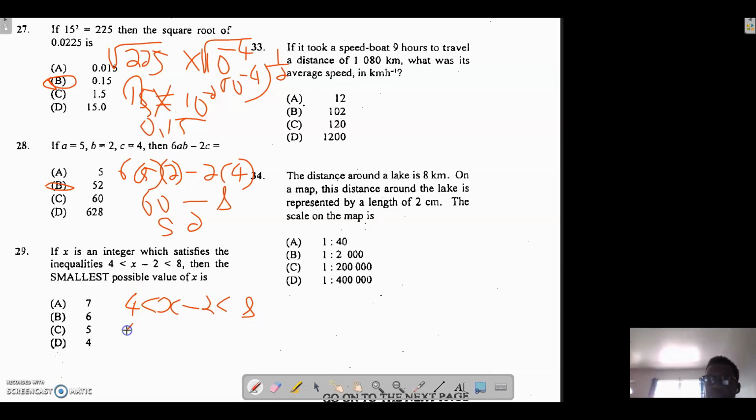So 4 plus 2 is 6. If you add 2 to the middle, it just cancels out. And if you add 2 over here, it gives you 10. Now since x is greater than 6 and it has to be an integer, the smallest integer greater than 6 would be 7. So the answer is A, as in apple.